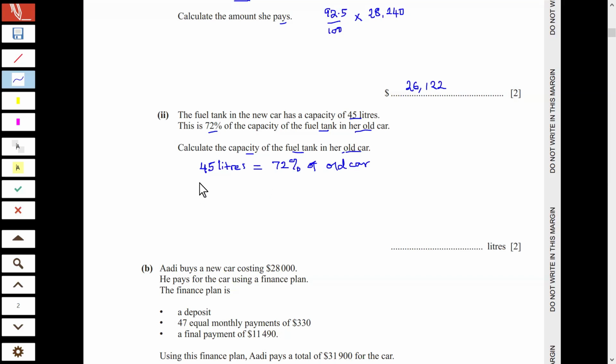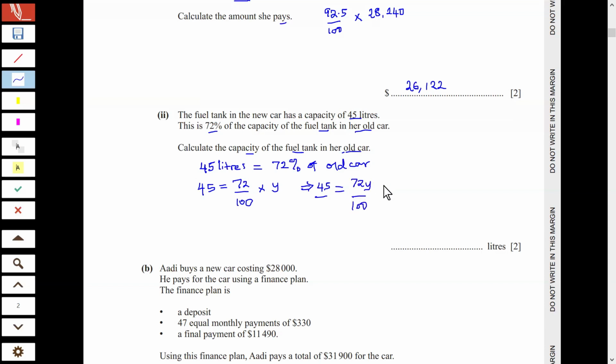So in this case, we can say 45 is equal to 72 over 100 times the capacity of the old car, which is unknown, so we can represent the capacity as Y. Let the capacity of the old car be Y. So now we can simplify this by writing 45 equal to 72Y over 100.